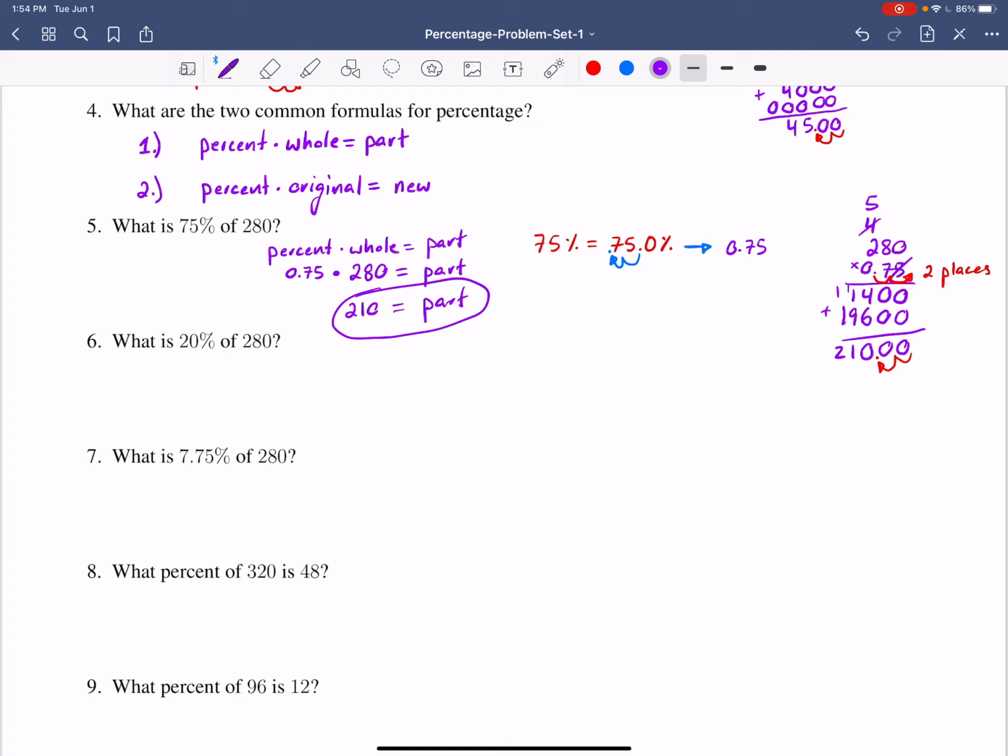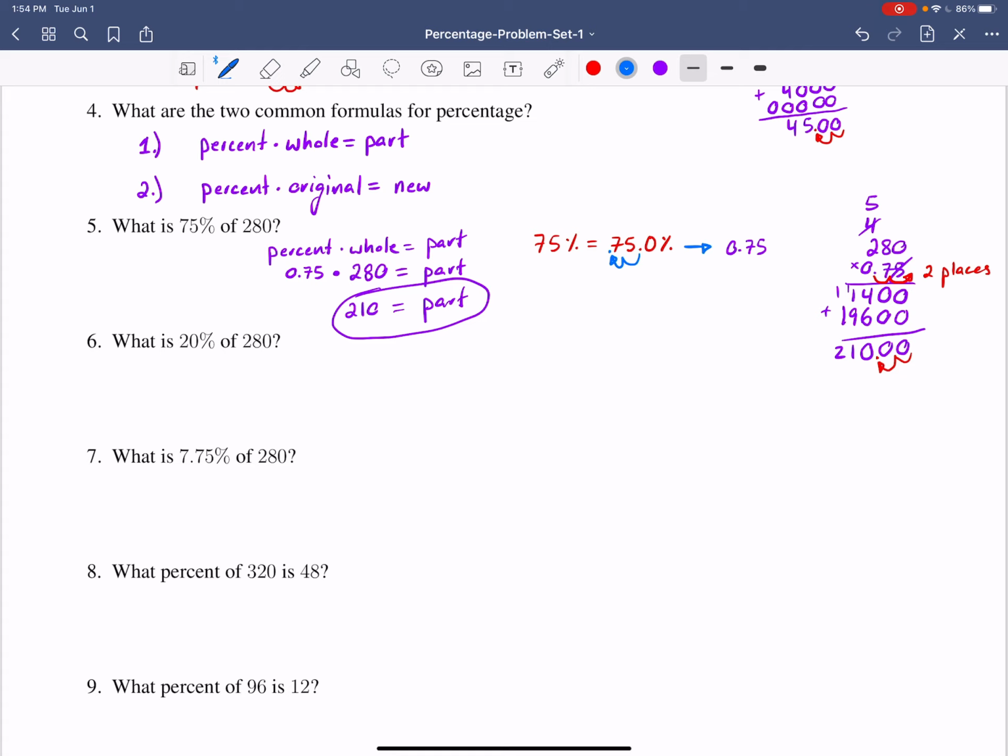Now, anytime you do percentage problems, you want to stop for a moment and ask yourself, does this make sense? The idea when you're working with percentages is you're taking something and breaking it into 100 pieces.